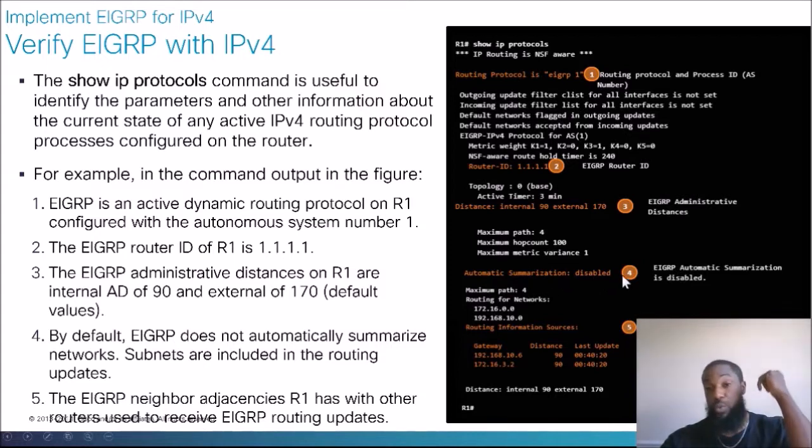We did a video on that as well, as well as where we are learning EIGRP information from. So in this case, remember all these right here in the white is not in the output. Right here is what's in the output. But EIGRP routing information sources lists all the EIGRP routing sources the IOS uses to build its IOS routing table. So if we learned information from that neighbor, and that neighbor, those are our routing information sources, our EIGRP neighbors.